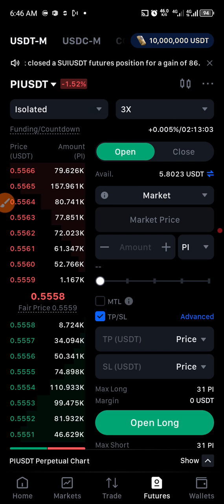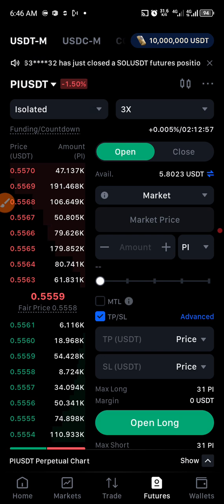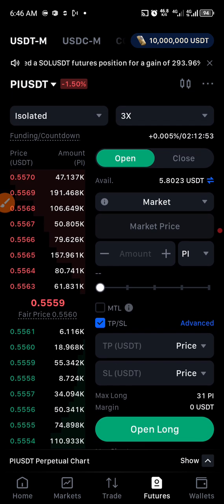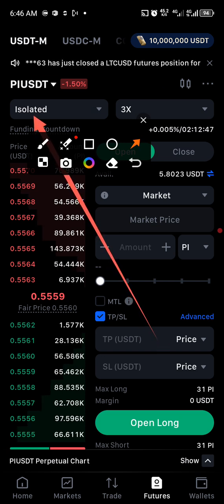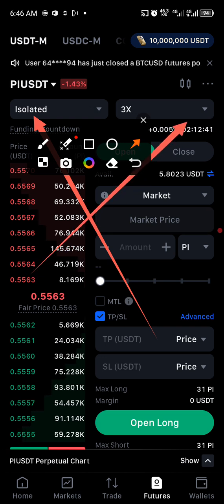Then when you select it, you go over to settings. As a newbie, you need to understand how this works. Under here, on this side we have isolated, and on another side we have 3x.